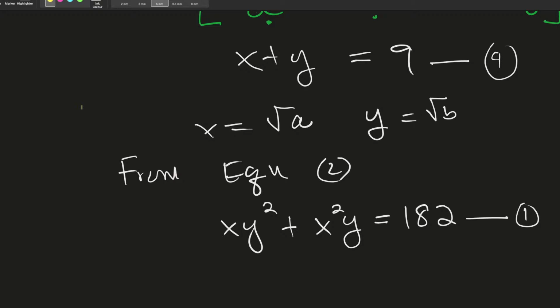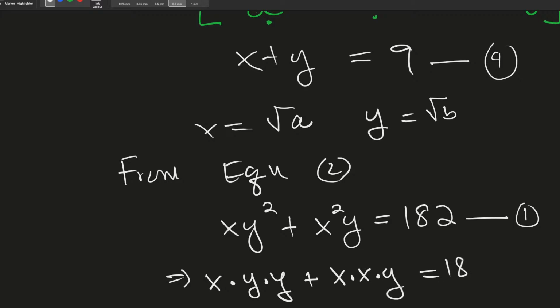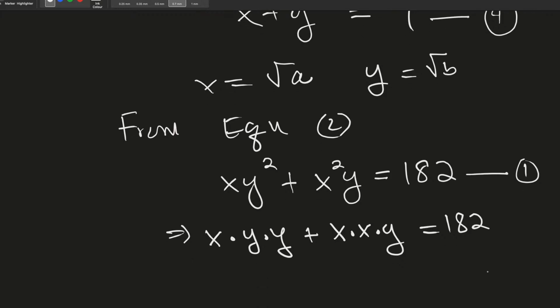Friends, once again, let's apply something we've learned over the years. I know this can be written as x multiplying y and multiplying y plus x multiplying x and multiplying y is equal to 182. So because of that, we are applying factorization once again.